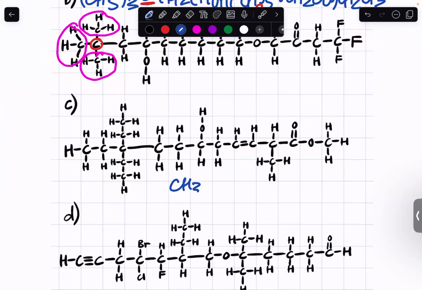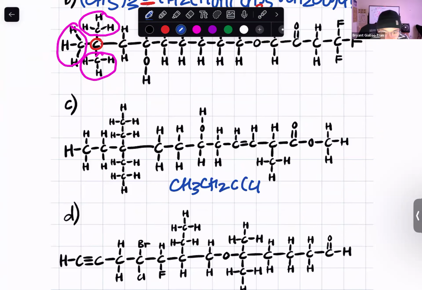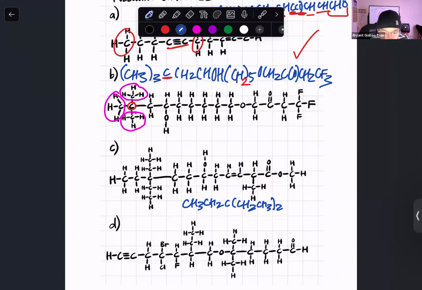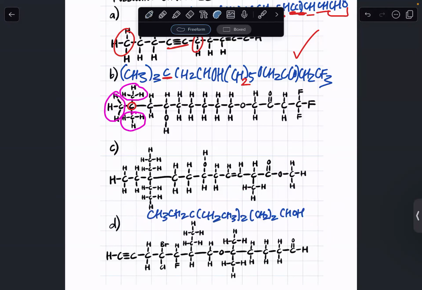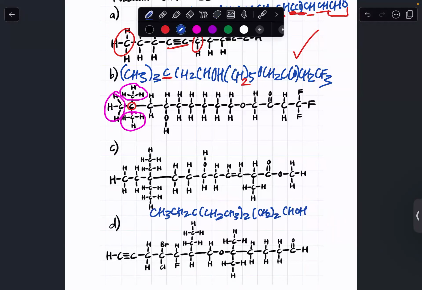Okay. C2, C. Yeah. So this is going to be this problem that you did. Do you see what else you could have done? Look at the branches attached to the central atom. What's the central atom, and what are the branches attached to it?